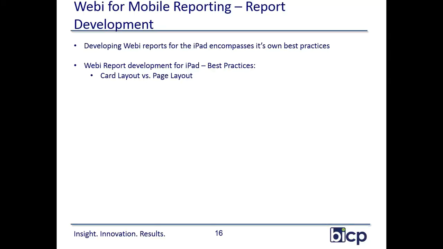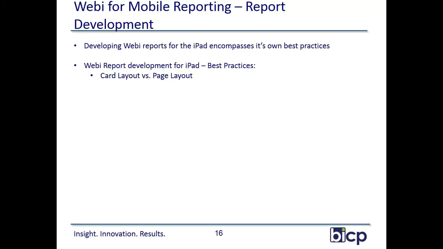Then on the iPad, where we can't always guarantee what the report is going to translate to, it's at least going to hold that format, and those 3 report elements will always show on one page.